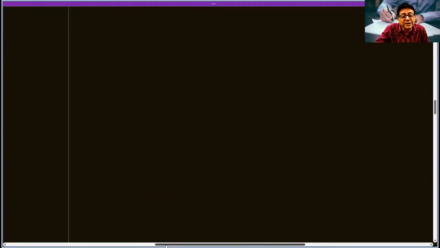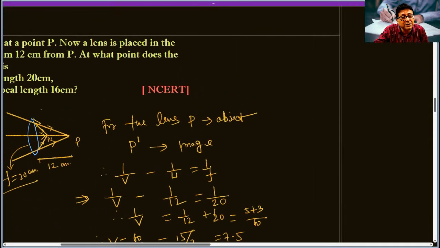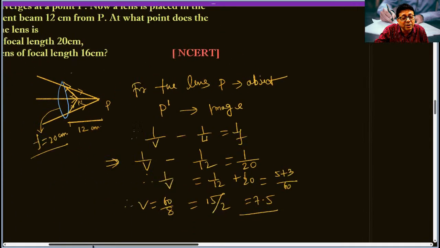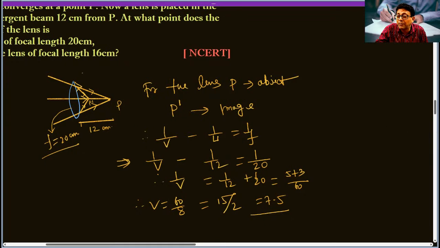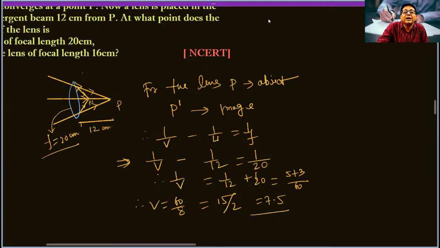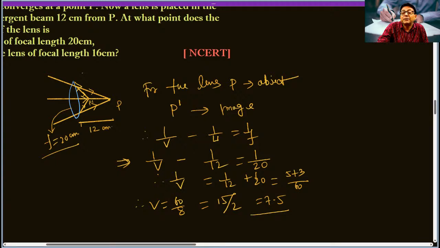What will happen for a diverging lens? You can draw the diagram before I do it here. For the converging lens we got it. For diverging, if you don't draw a diagram, it is not only true that you will lose board marks, it is also true that you will get a wrong answer otherwise, if it is not playing in your mind. So for concave, what is happening? First, to show by diagram, rays were supposed to meet at this point.